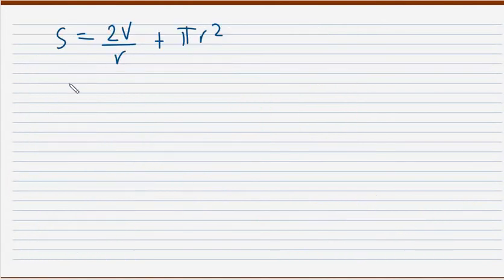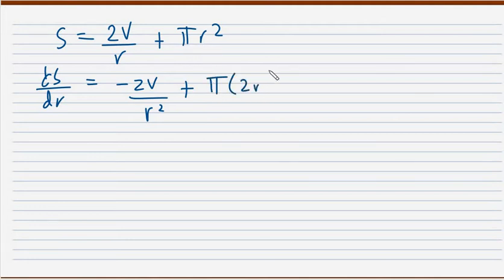Now we can get the derivative of S with respect to r, V being a constant parameter here. Remember that. So this will be negative 2V over r squared, using the formula for the derivative of a constant over a variable, and then for pi r squared, pi is constant, so pi times 2r.